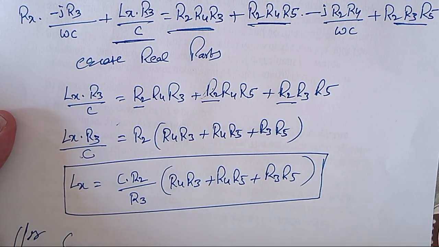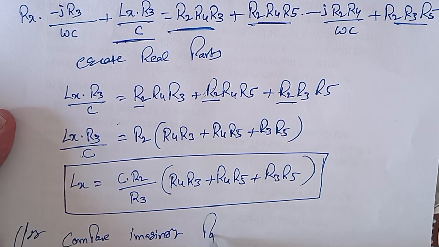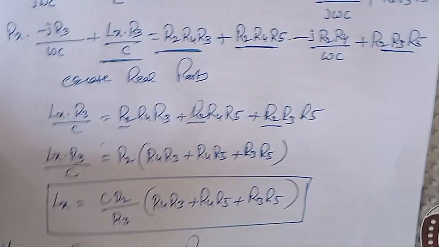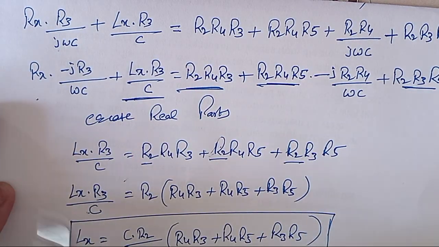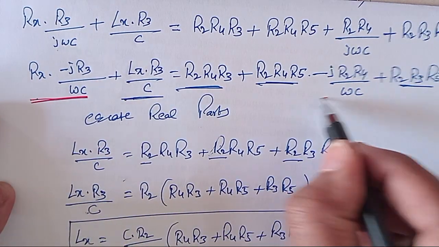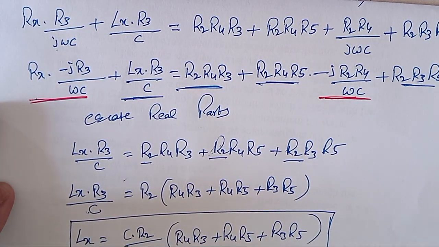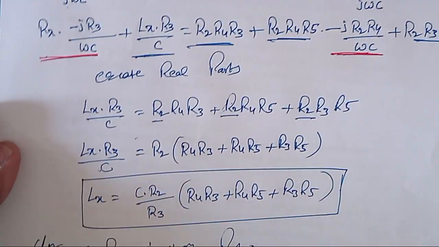Similarly, compare imaginary parts. Look at here, the imaginary term. This is the one imaginary term on this side, and on this side is the imaginary term. So equate these two.